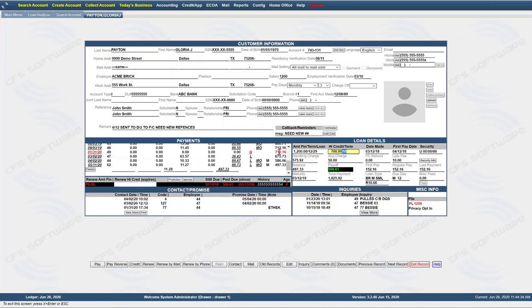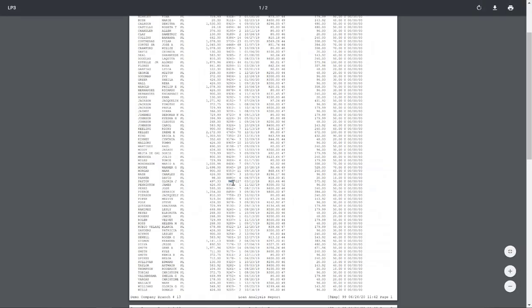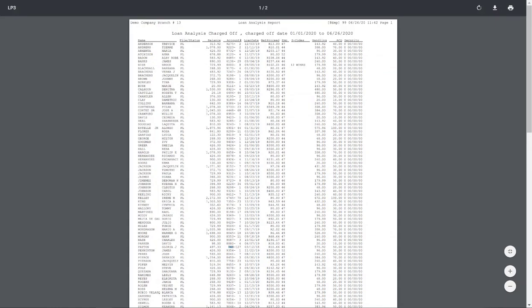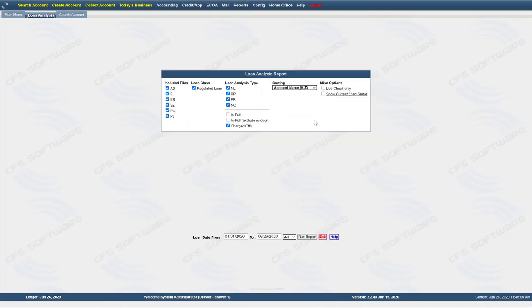Now, since the customer charged off $712.16, the customer has come in to pay several times to pay down that charge-off amount. Wanted to just show a reference on one of these accounts that had charged off underneath the loan analysis. So let's go ahead and go back to the loan analysis screen.